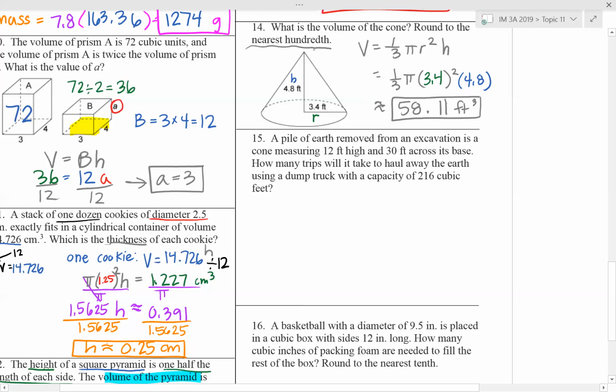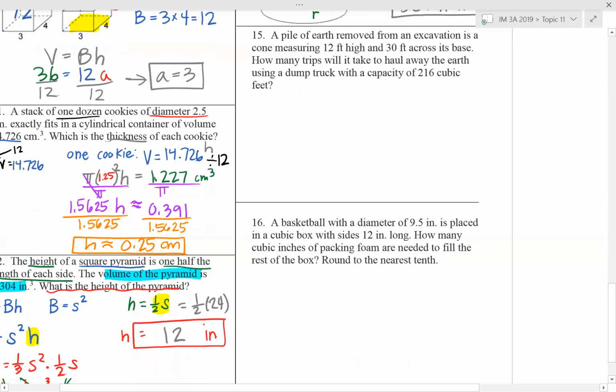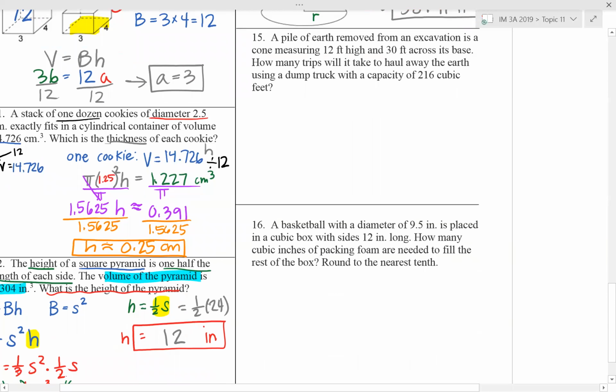Remember, hundredth is 2 decimal places. Everything else here, for the most part, was 1 decimal place. It said tenth, or it'll say to the nearest whole value, so you aren't ignoring decimals. Okay, 15, a pile of earth removed from an excavation is a cone measuring 12 feet high.